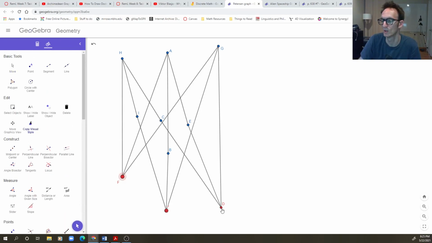Boom, boom, boom. So those are those guys, and then here we shall also make this big, and then yeah. Okay, so that is my coloration.